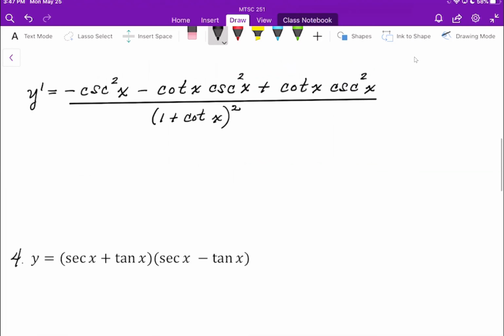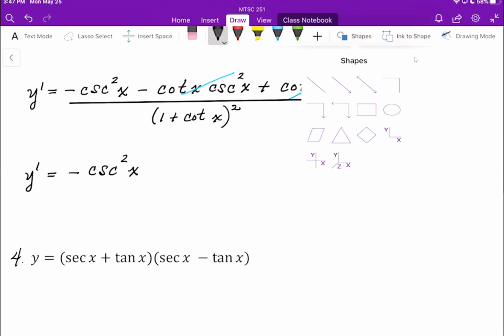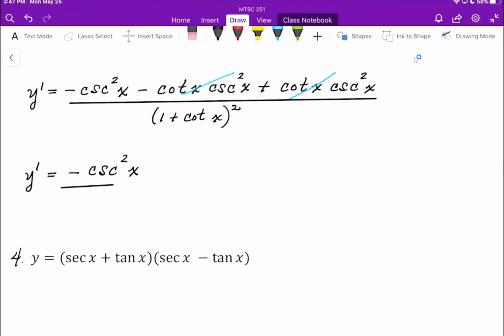So finally, we get that y prime. These two are going to add to 0. So that's going to give us minus cosecant squared of x divided by the quantity 1 plus cotangent of x squared.